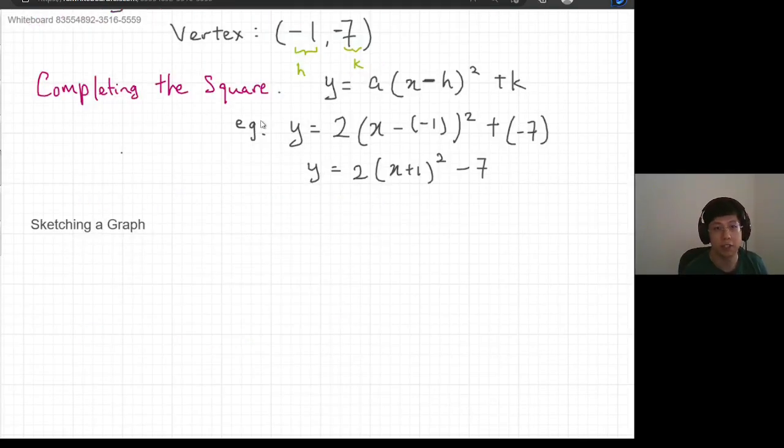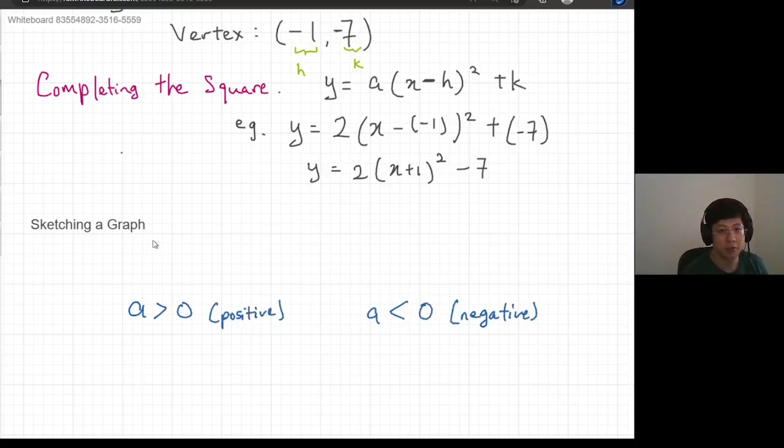Now that we have the vertex and the completed square form, let's talk a bit about how we would sketch the graph from this. There are two types of quadratic graphs that you should know by now. One where the coefficient of x squared, the a number, is positive, and one where the coefficient of x squared, a, is negative or less than 0.